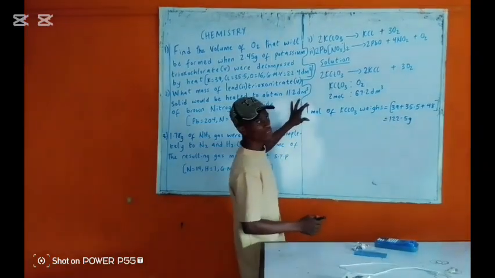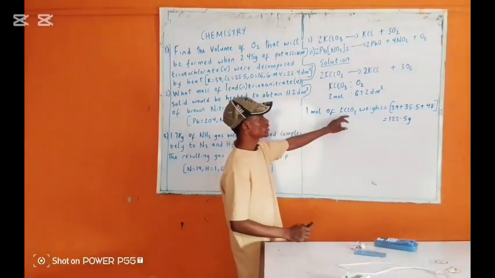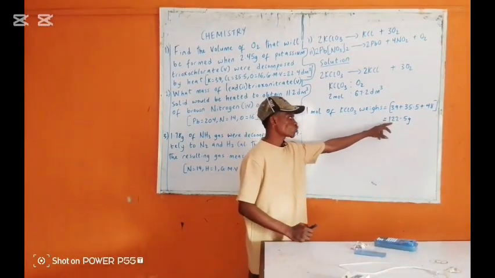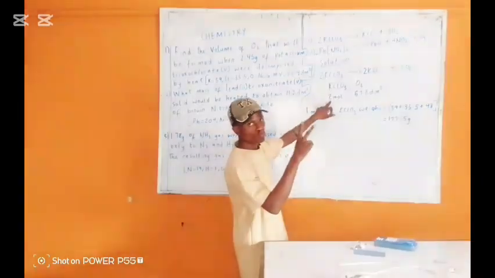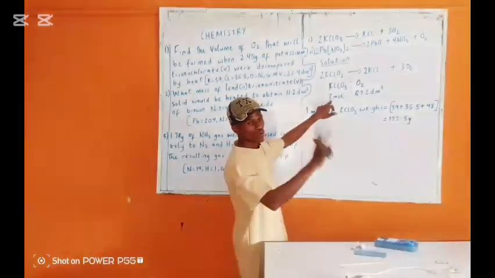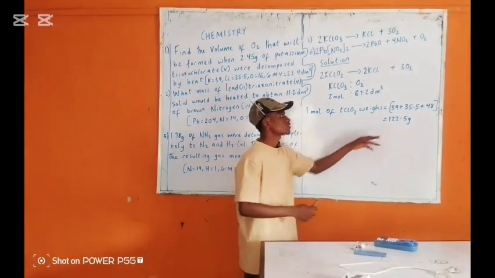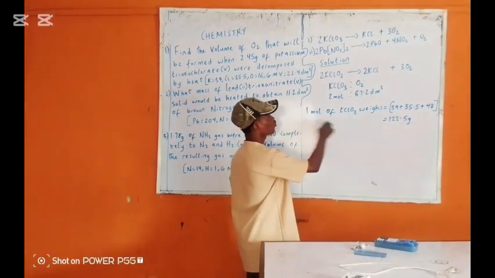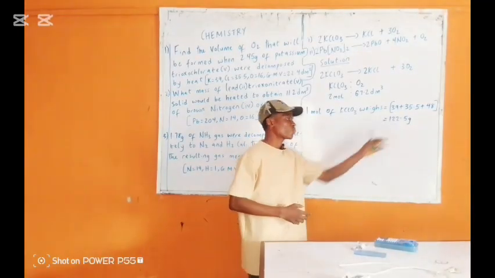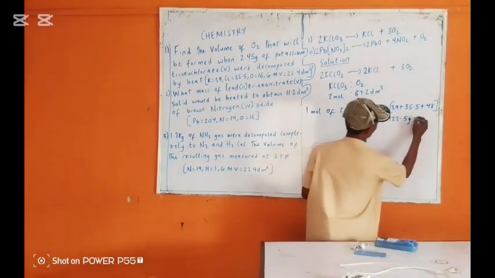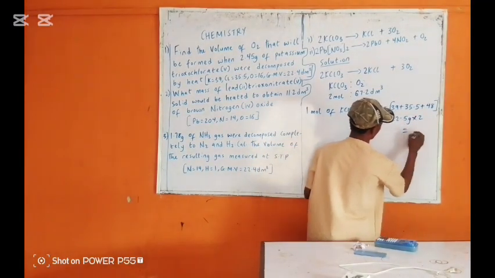So 1 mole of KClO₃ weighs what? 122.5 gram. But now what do we have here? We have 2 mole. So that will be this one here times 2. If 1 mole weighs this, then 2 mole will be times 2 of this. So that will be times 2. So what do we have?